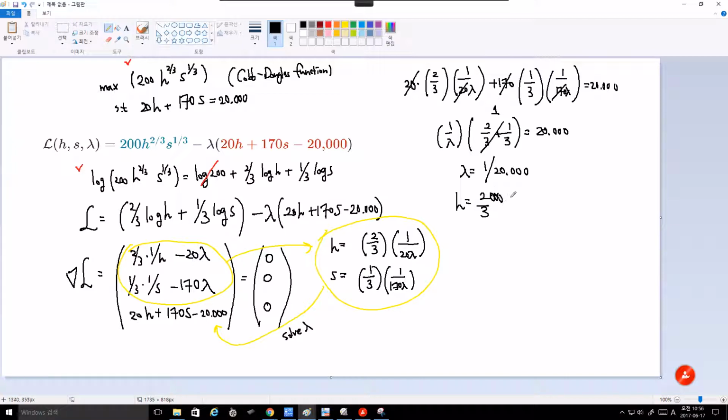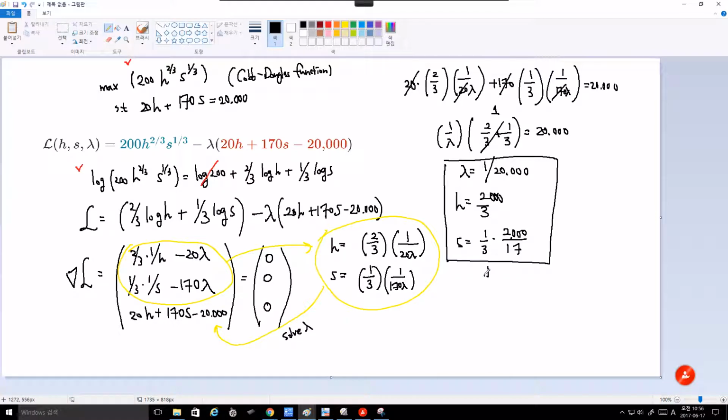Likewise, if you plug this in for S, well, this is slightly more complicated, but yeah, something like this. So we got the answer. This is the answer.